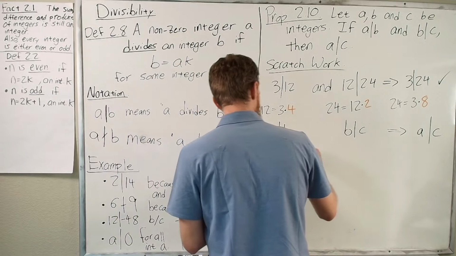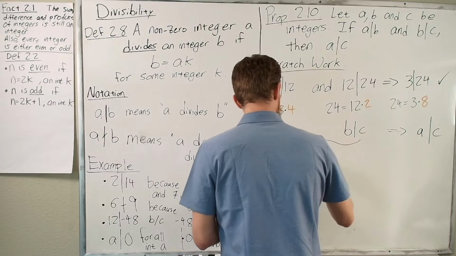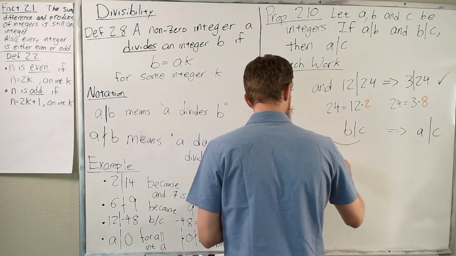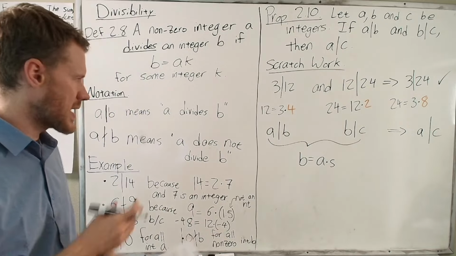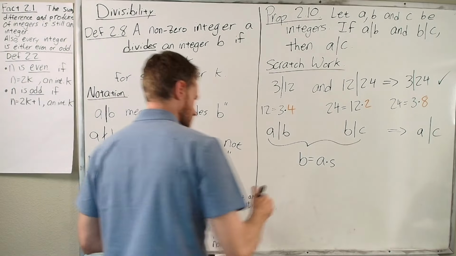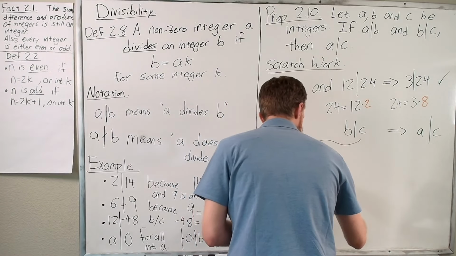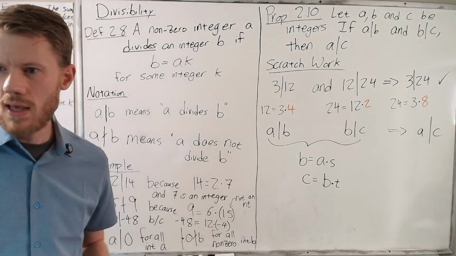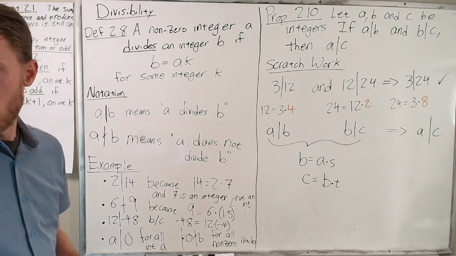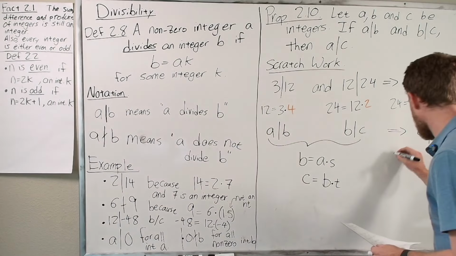So you're going to be told that B is A times some integer. We can't use K for all three, so I'll use S here. B equals A times S. And you're told that C equals B times some integer. Let's call it T. And what do you want to show? You want to show that there exists, this is what we have.